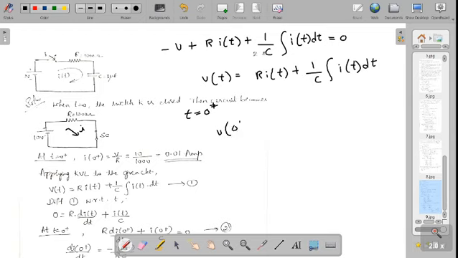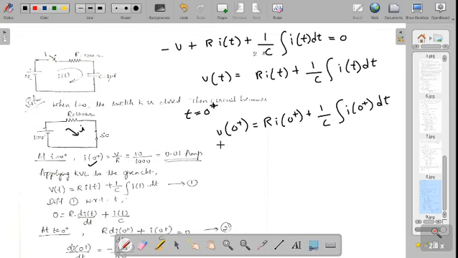V of 0 plus equals R into I of 0 plus plus 1 by C integral of I of 0 plus dt. You have found the value of I of 0 plus. You are trying to find the first derivative, so you differentiate this.